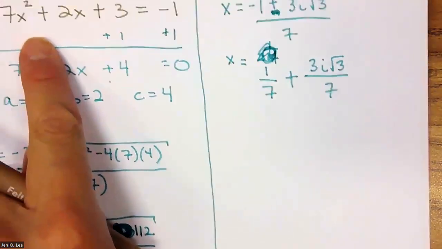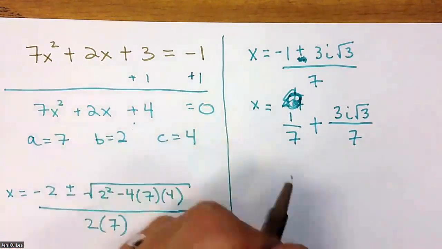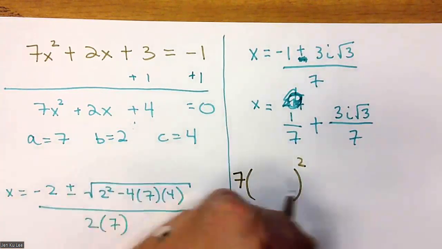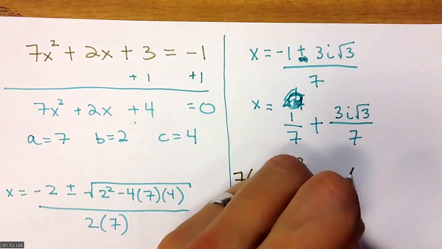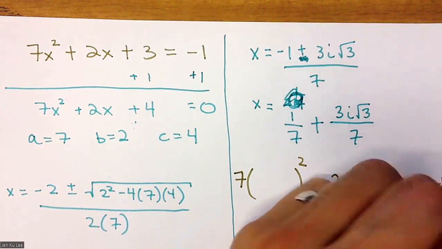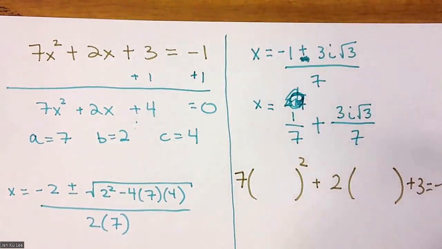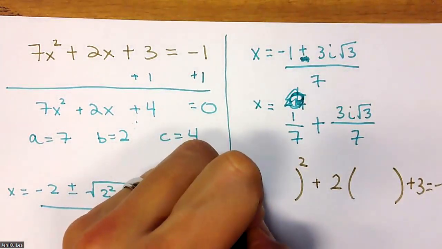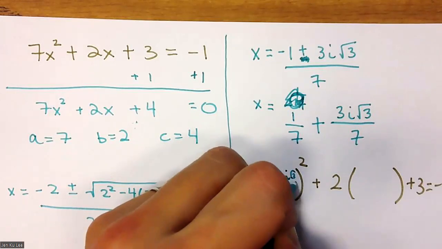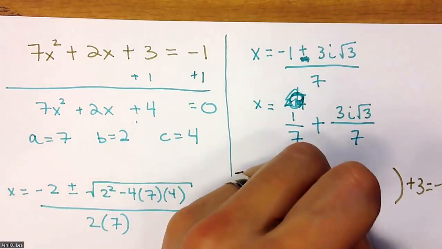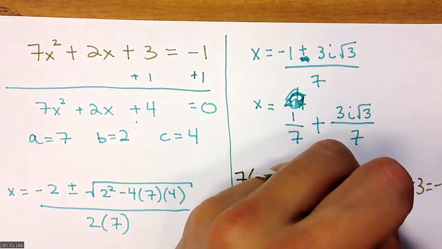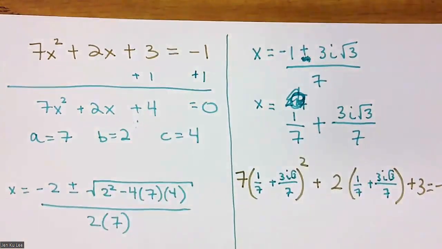So my original equation, you can see right here. So that's going to be 7 times x squared plus 2 times x plus 3 equals -1. So 1 over 7 plus 3i square root of 3 over 7, and 1 over 7 plus 3i square root of 3 over 7. Right?